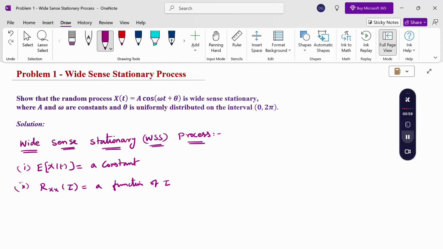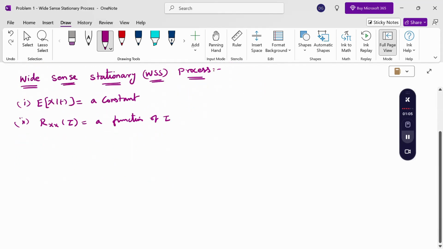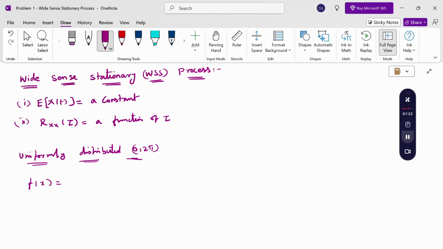First of all, here A and ω are constants, and θ is uniformly distributed. So what is a uniform distribution? Uniformly distributed, the interval given is 0 to 2π. Generally, the uniform distribution function is f(x) = 1/(b − a) for a < x < b. This is the form of the uniform distribution.